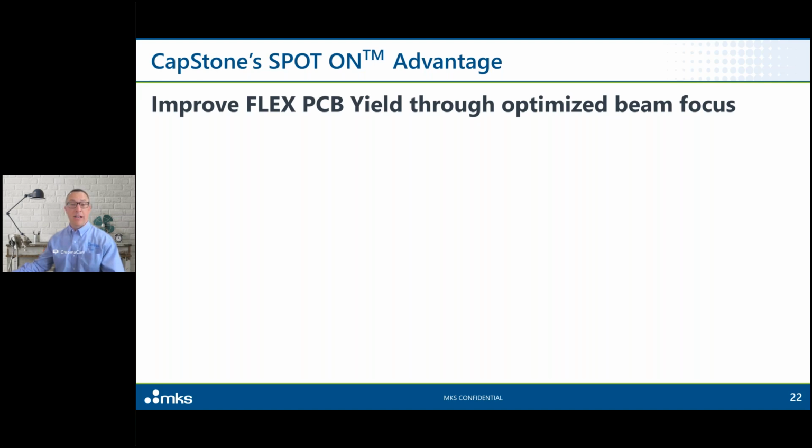We expect to achieve higher yield, again, by being able to ensure that we are maintaining the beam focus as close to the panel as possible. So we are able to reduce some of those yield excursions that we highlighted earlier, the polyimide remaining in the via hole, the damaged copper, and other common forms of yield issues.